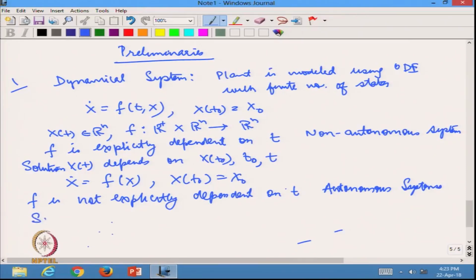And the solution for these systems, x of t, depends on the initial state x of t naught and t minus t naught. It is very important to see that the solution does not depend on t naught independently, it depends on t minus t naught, the difference between the current and the initial time.